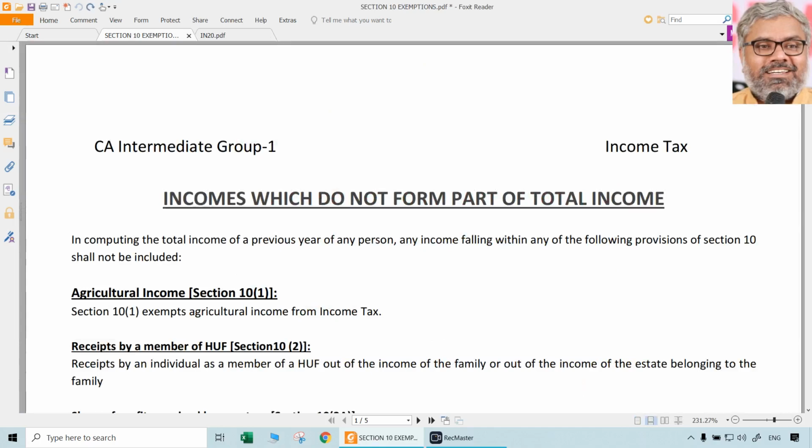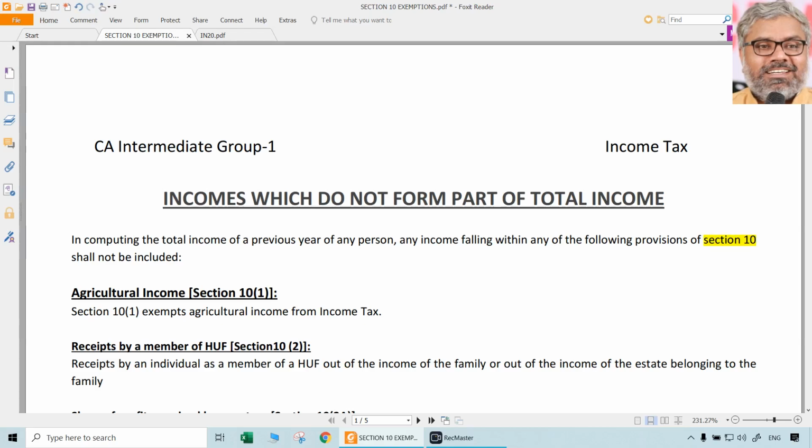Today let us discuss section 10 exemptions, which can be called incomes which do not form part of total income. Exemptions from the incomes are all contained in various subsections and clauses of section 10.